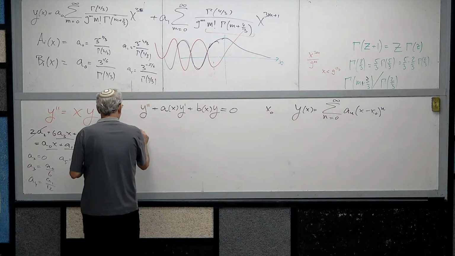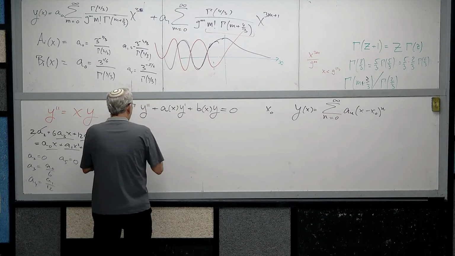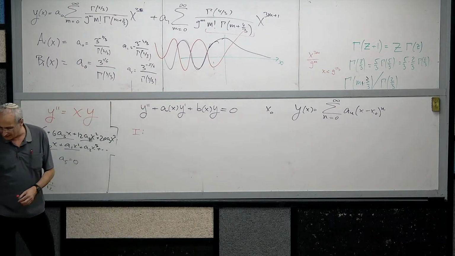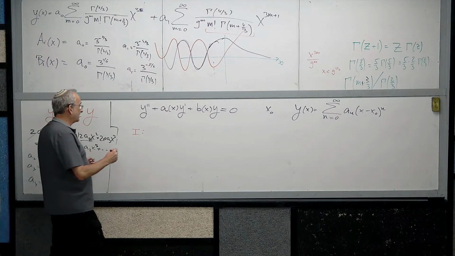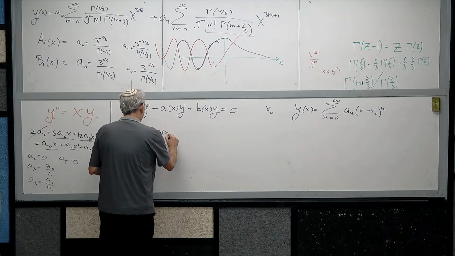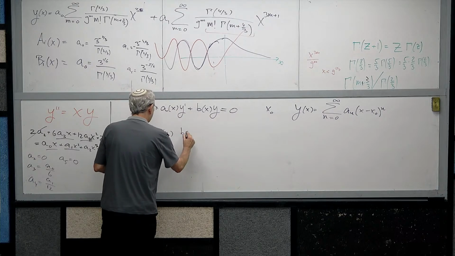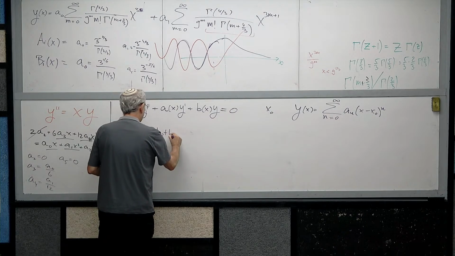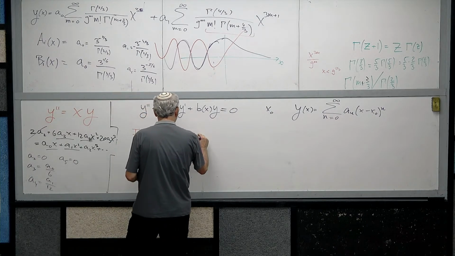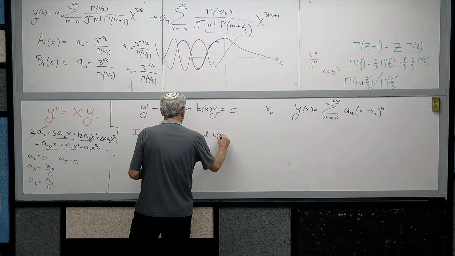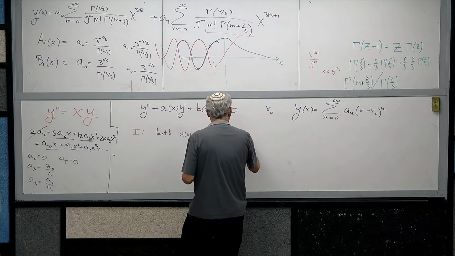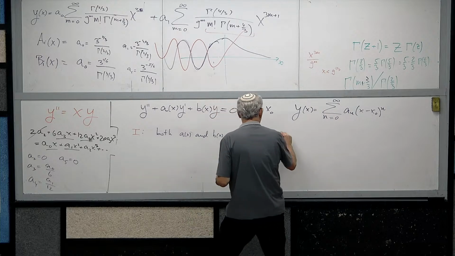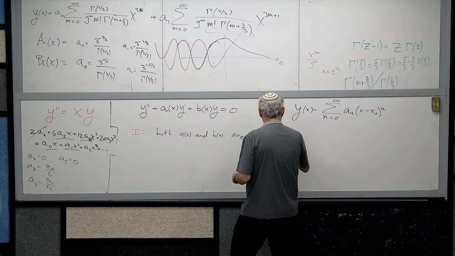Case number one. I told you there are three cases. Case number one is a case where both a of x and b of x are analytic at x naught.